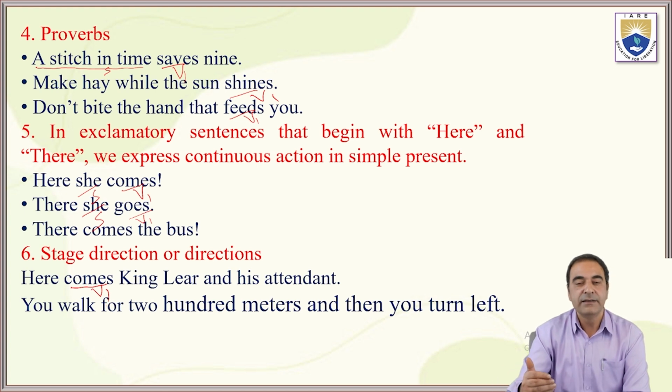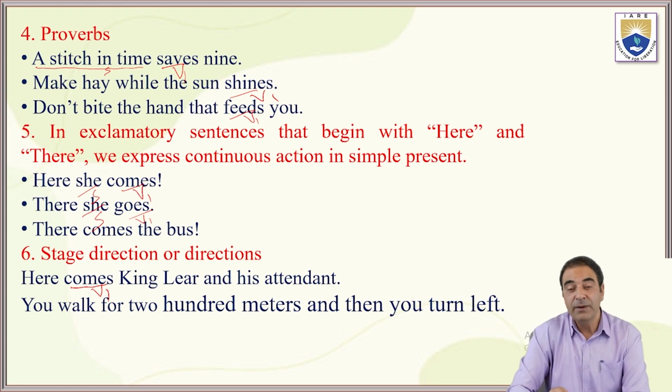Although King Lear is walking on the stage, approaching the stage, his action is continuous, but we don't use present continuous tense, we use simple present tense. Therefore, remember, for stage directions or directions, we use simple present tense instead of present continuous tense. The event is continuous, but instead of present continuous, we use simple present tense.